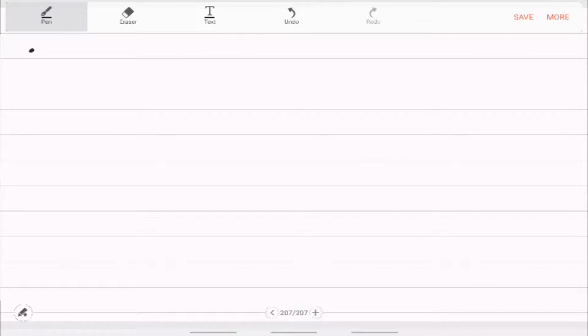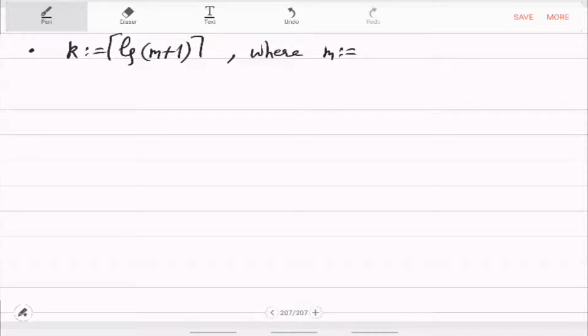Let us define k to be log of m plus 1, where m is something like n. So k is something like log n. These many queries we intend to make.